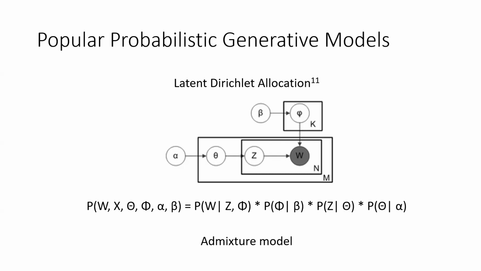So what it says here is that, given some parameter, I define K, the number of topics that I want. For every topic, I create a probability distribution over all the words. And then for every document, the document here being the rectangle with M, meaning I have M documents, the first thing I do is find what kind of topics exist there.